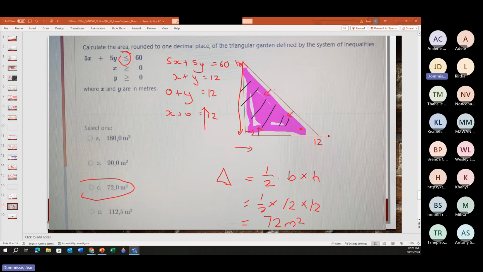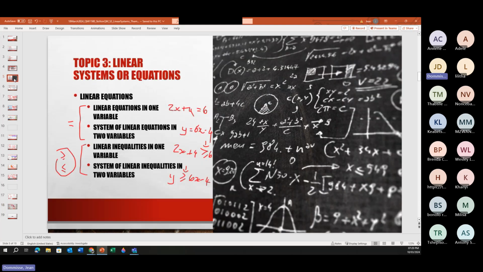Okay, so in the session tonight, we basically looked at, and we can nearly go back to the start, linear equations for one variable, linear equations for two variables, linear inequalities in one variable, linear inequalities in two variables.